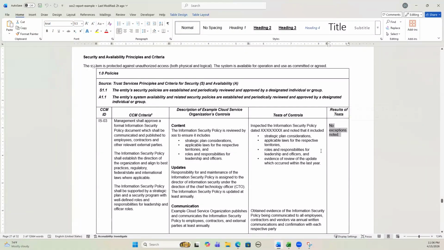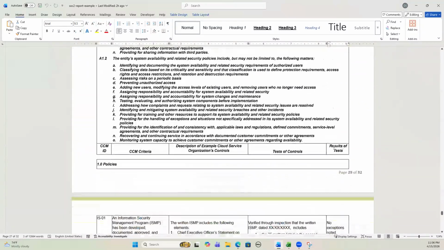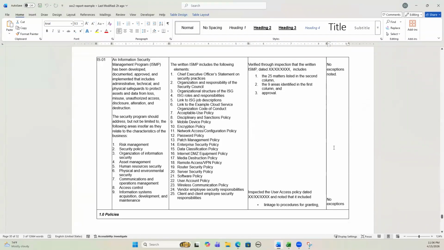In this illustrative report, the results column says no exceptions noted for every single control. Here it only shows you 2 controls, but usually it's a long, extensive report with many controls listed. And the good report, of course, will show no exceptions noted for every single control.